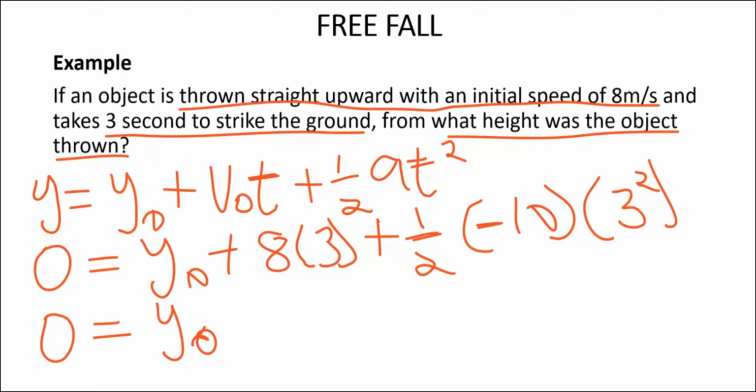Divided by 2, that's 45. So 24, not plus, negative, minus 45.